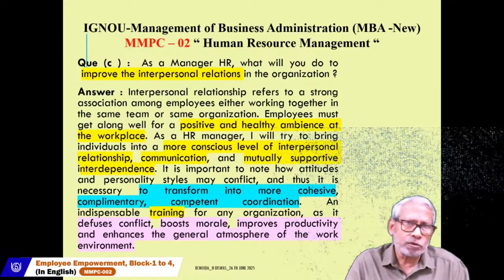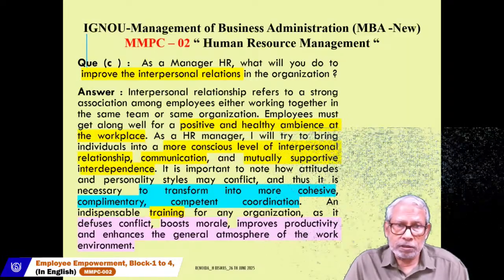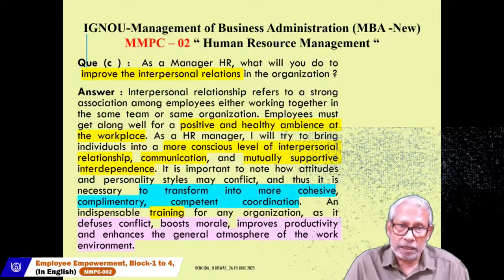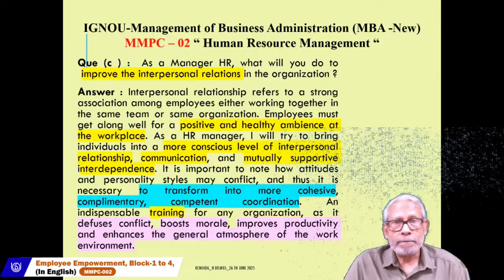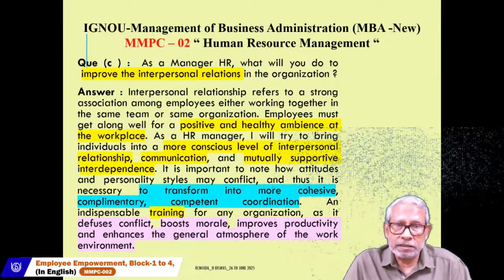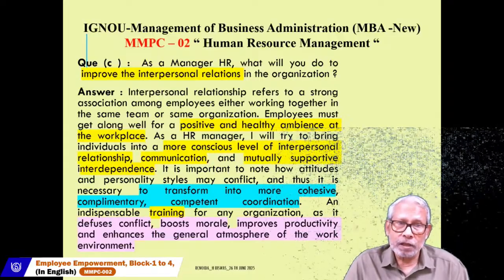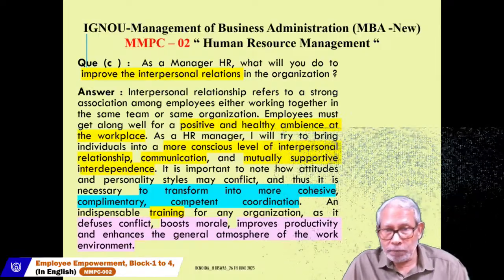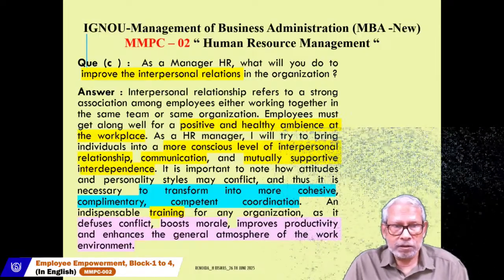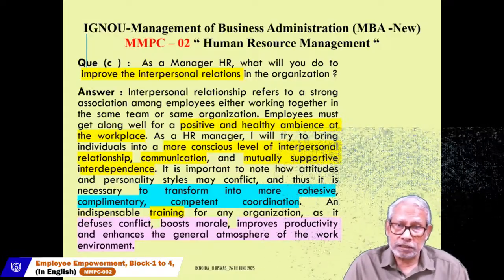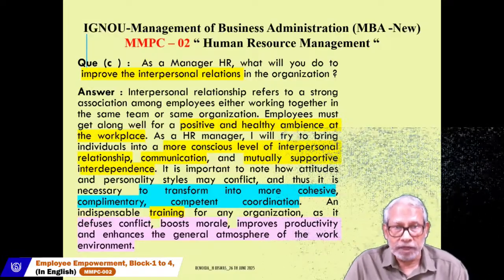And that can be possible through communications. So it is important to note how attitudes and personality styles may conflict, and thus it is necessary to transform into something more cohesive. Complementary, competent coordination is indispensable training for any organization, and it diffuses conflict.